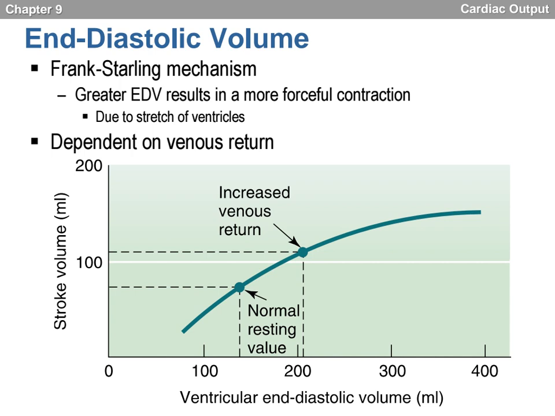Now, as the end diastolic volume increases, there'll be an increase in stroke volume. The increased end diastolic volume is because of increased venous return. Typically, more blood is coming back.